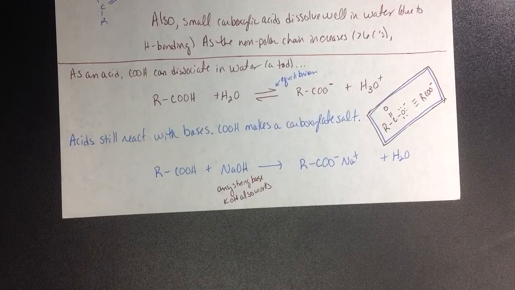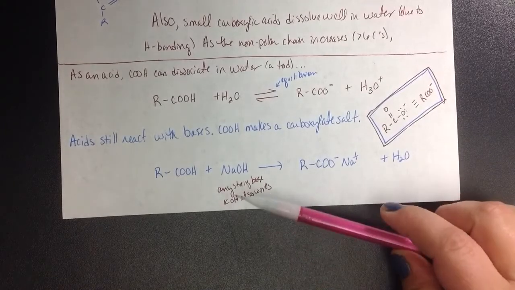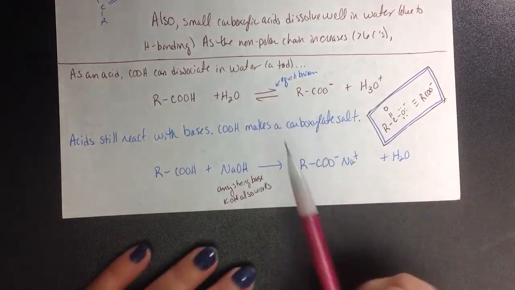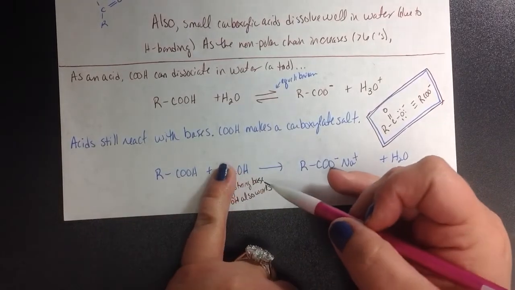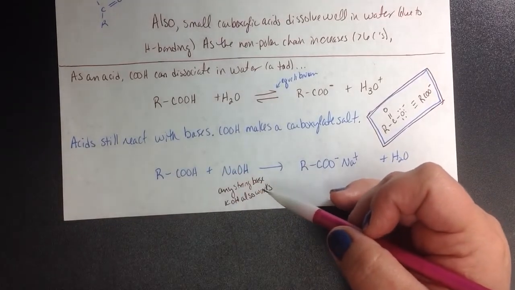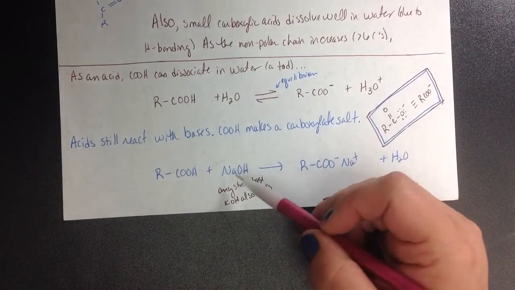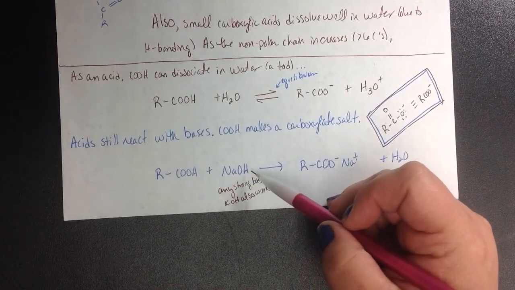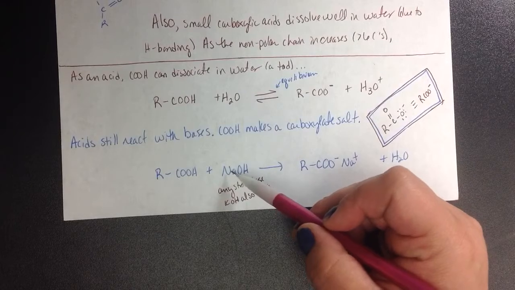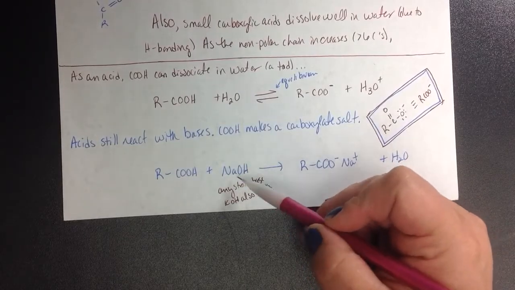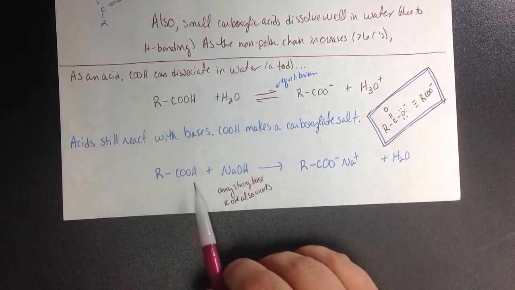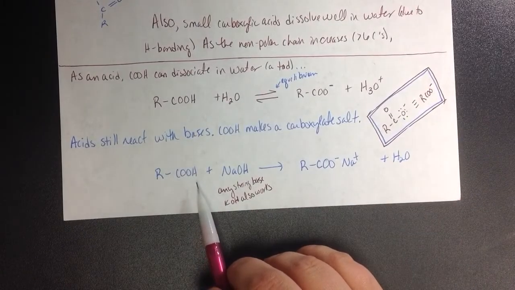However, if you have a strong base, such as NaOH, remember this is the same thing as saying Na plus and OH minus, and I don't care if that's Na, K, Ca2 plus, whatever that may be. That's just a counter ion, it doesn't really make a difference. But this is OH negative. And an OH minus says, hey, you got an H plus over there? Let me go grab it.